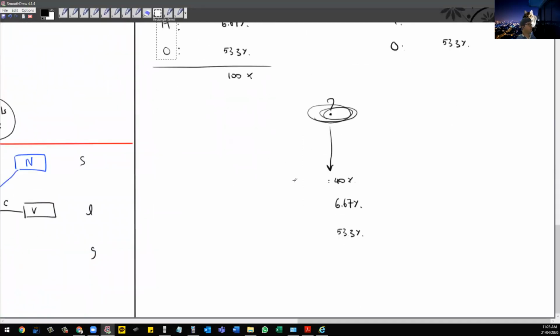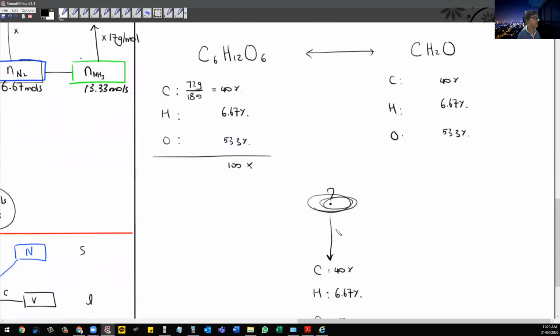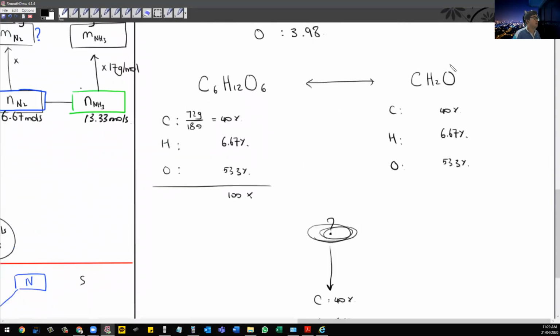This is what the machine tells you: whatever this unknown substance is, it's 40% carbon, 6.6% hydrogen, and 53.3% oxygen. But how do you know whether the molecule is this one or this one?